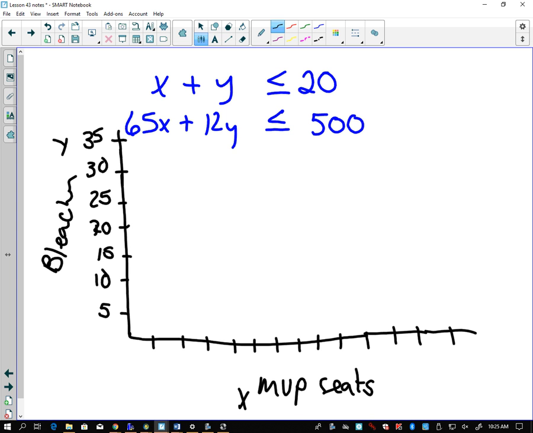All right. Now, if I'm going to write this, would it be easier to write these equations again, but in slope-intercept form? All right, so what would that look like, say, for x plus y is less than or equal to 20? Okay. All right, so we could have something like that.